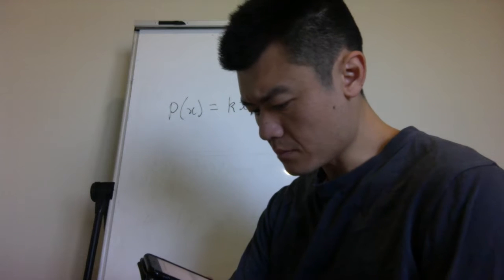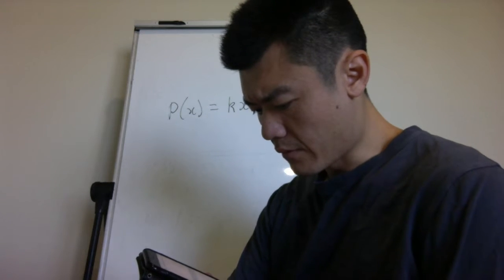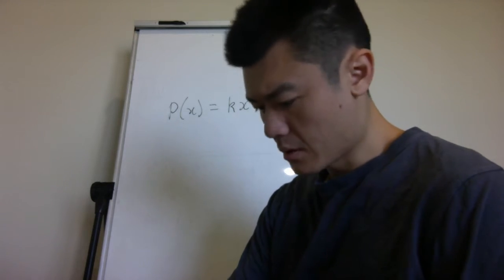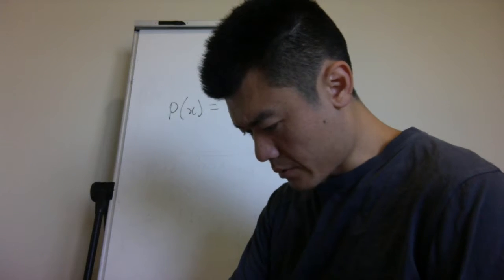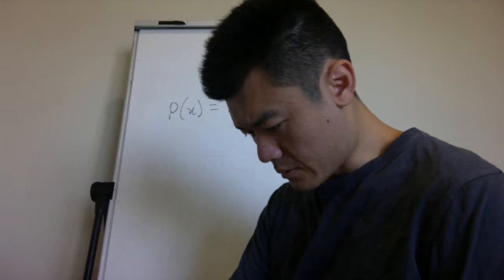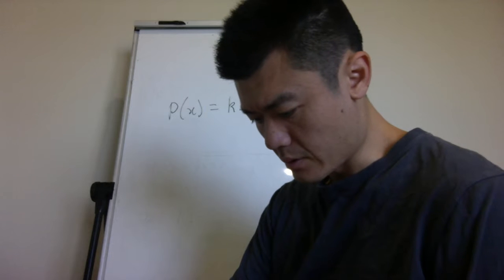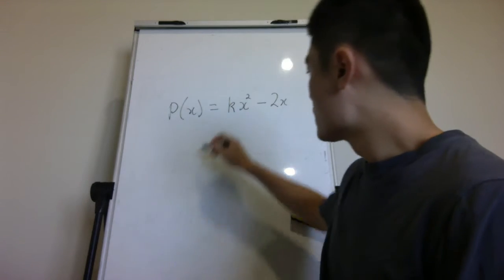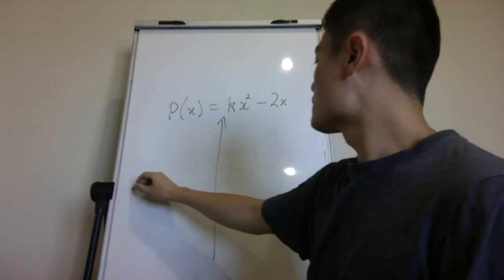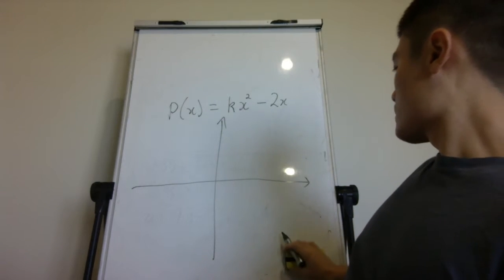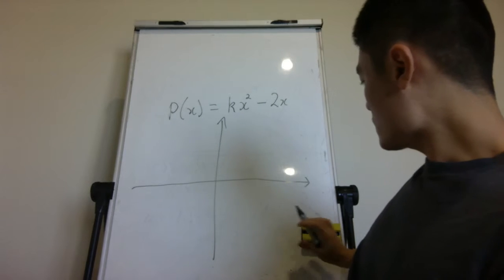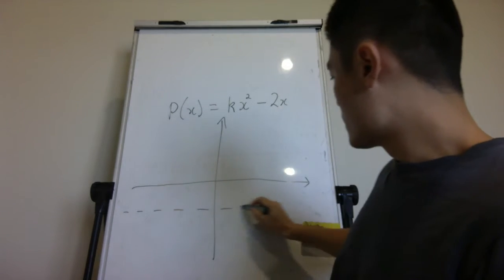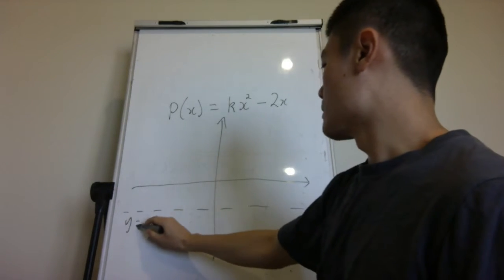And then for the values of k, find the values of k so that the graph y equals p of x, so that the parabola is always above the line y equals minus 1. It's always above y equals minus 1.